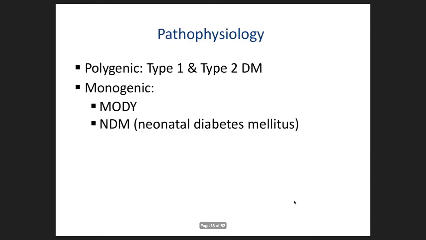When we look at the pathophysiology of diabetes, type 1 and type 2 are polygenic diabetes. What is the meaning of polygenic? Polygenic means environment and genetic. So, if somebody asks you whether type 1 or type 2 diabetes is inherited, you tell them it's not a pure inherited disease, it's not a Mendelian inherited disease, it is a polygenic disease.